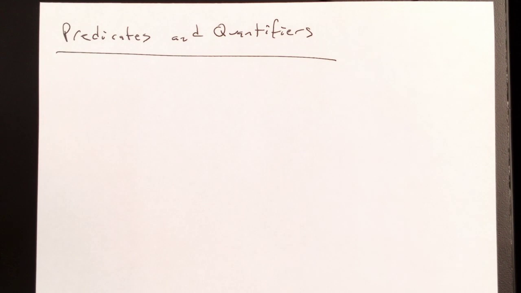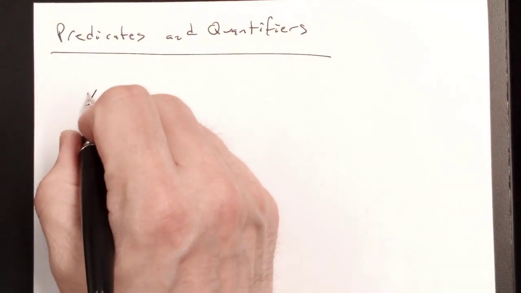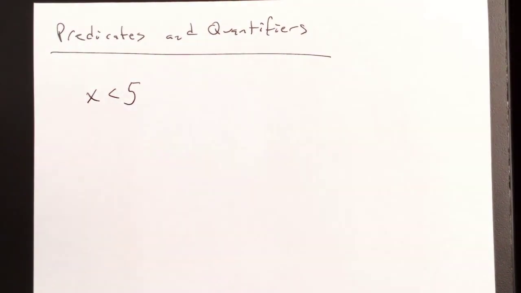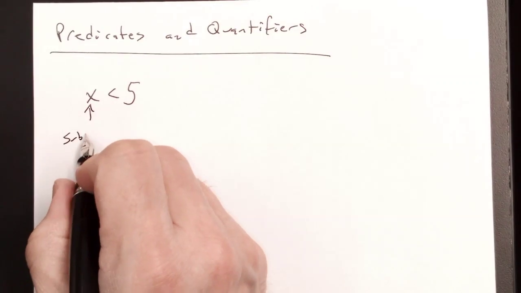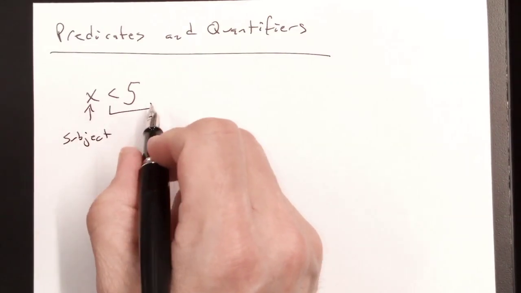So if I think about a mathematical sentence, now this is not a proposition, because I don't know if it's true or false, because I don't know what X is. But I have a subject and a predicate. Yes? I have a subject, whatever this number is, and then I have a predicate.